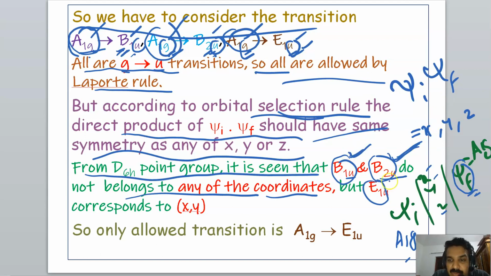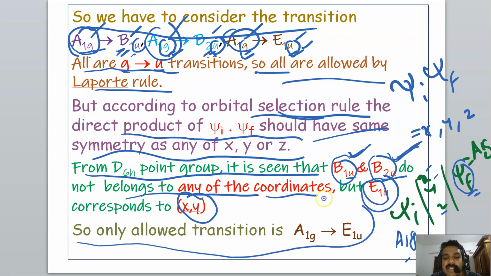But E1U belongs to the XY coordinates. I am not explaining this much. You can check it by taking the D6H character table. So the only allowed transition in benzene is the A1G to E1U transition.